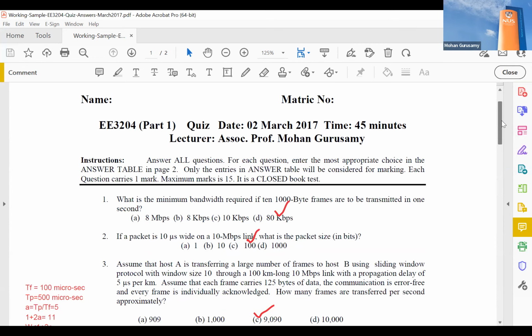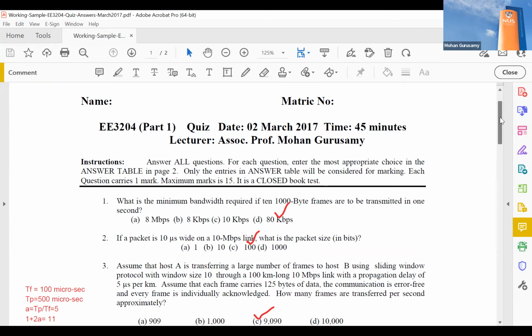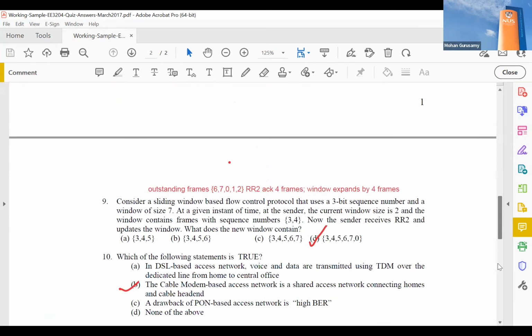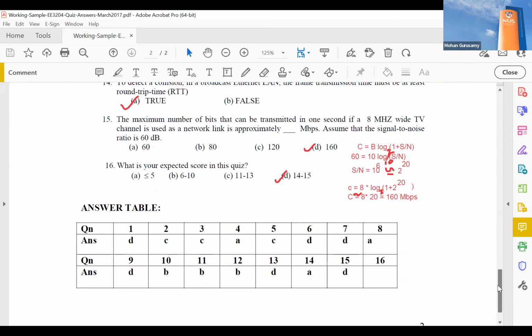Question number 1. Note that it's also MCQ based, and usually there is an answer table which I give on page number 2. So this time also it would be something like this.